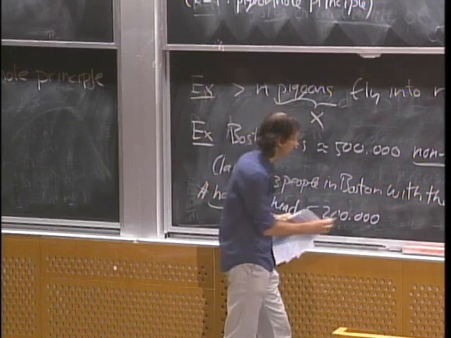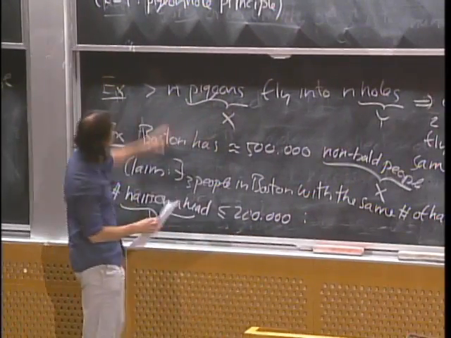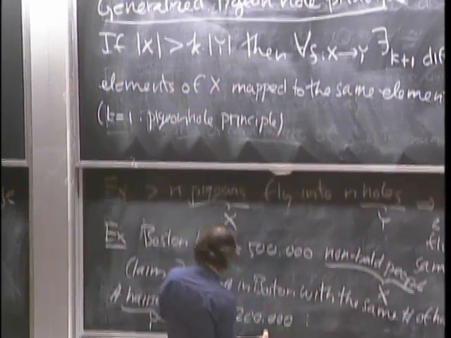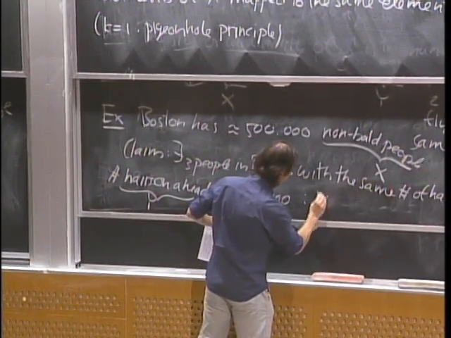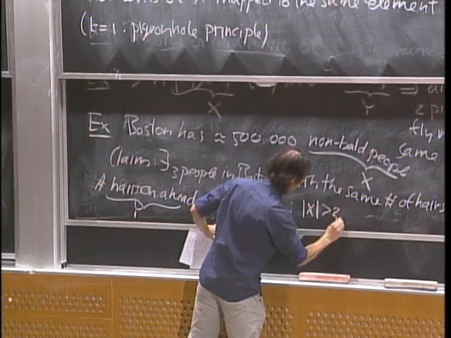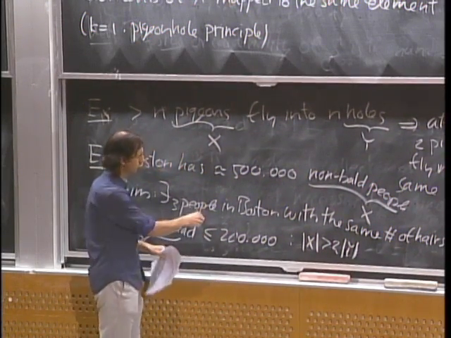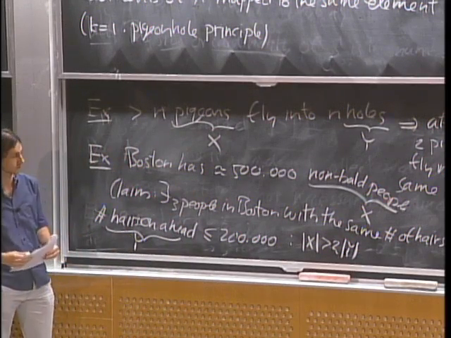So what do we know? We can apply our generalized pigeonhole principle. It's very surprising because we notice that X is more than 2 times the cardinality of Y. 2 times 200,000 is less than 500,000.